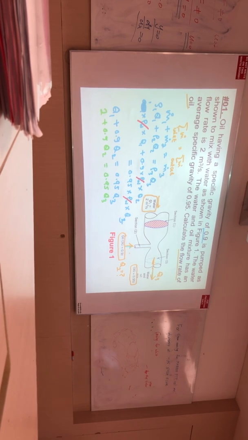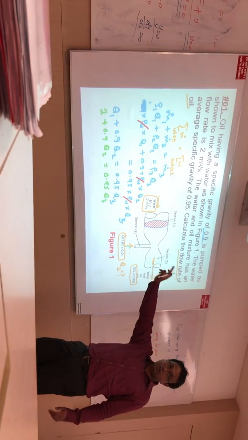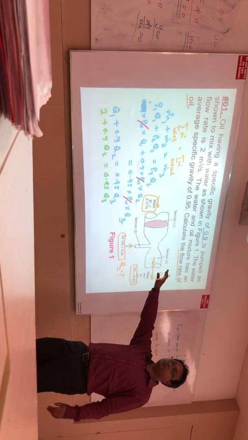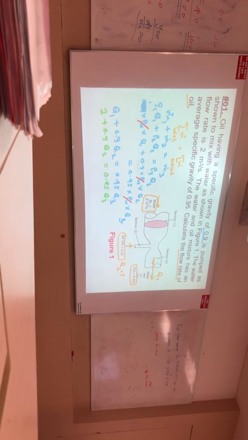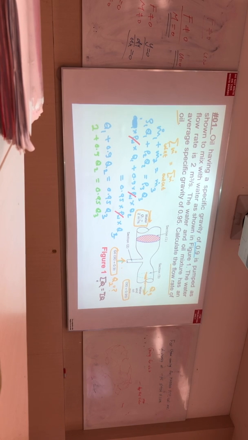So what is the other equation? You remember, I showed you two equations. One is mass flow rate at inlet and mass flow rate at outlet are the same. Similarly, the volume flow rate at inlet and volume flow rate at outlet are the same. So I can write Q1 plus Q2 equivalent to Q3, right?